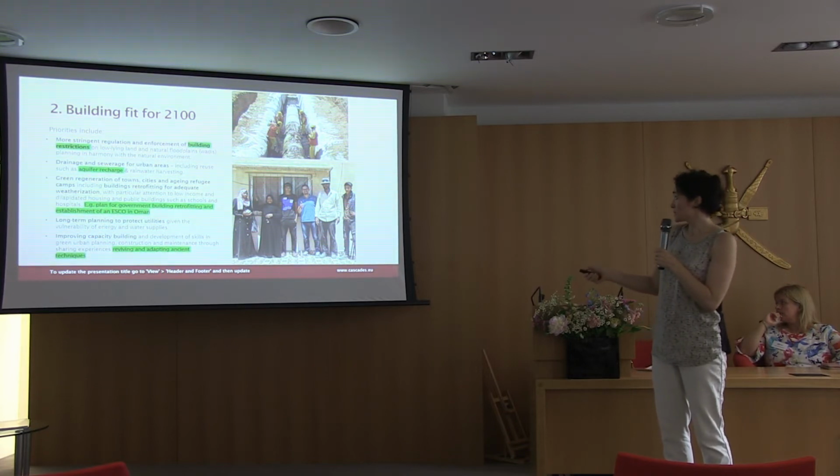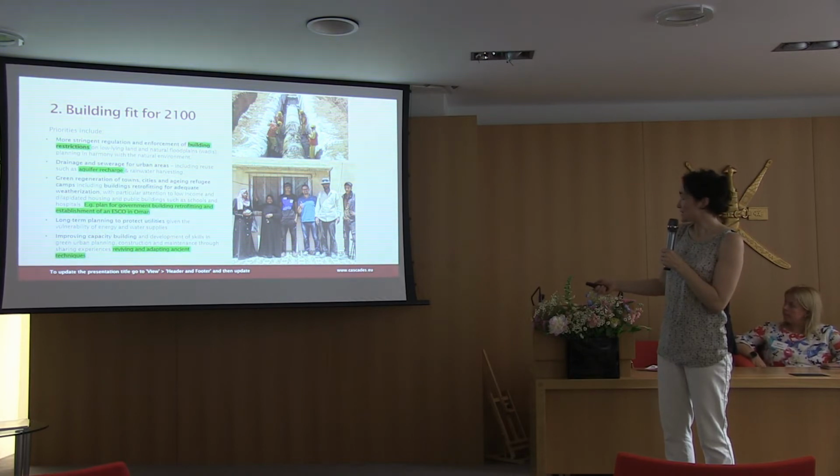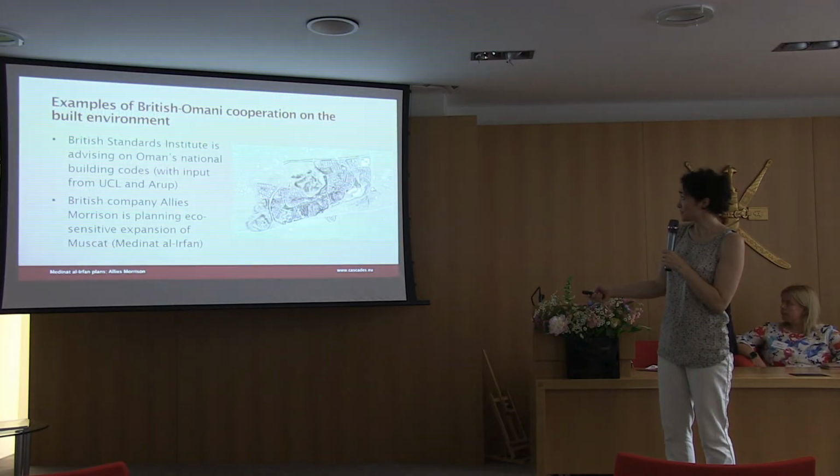And this is a nice project to use agricultural waste to create window shading from the old window frames that have been taken out. So it's like an upcycling project. So I would like to emphasize the value of the low-tech solutions as well as the high-tech solutions.